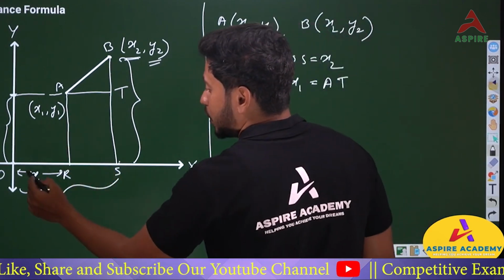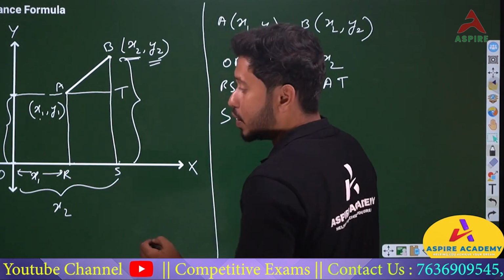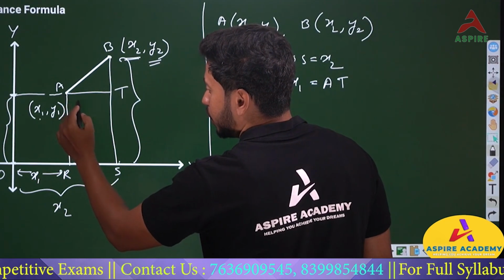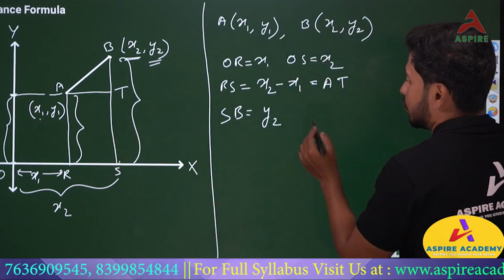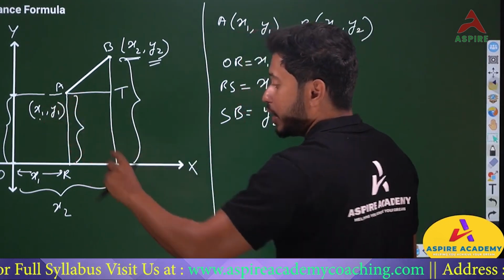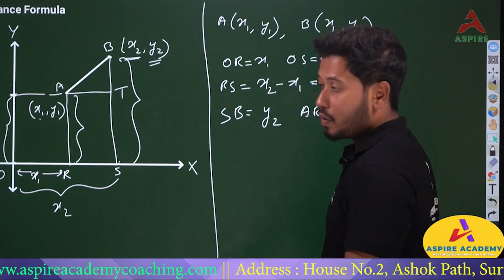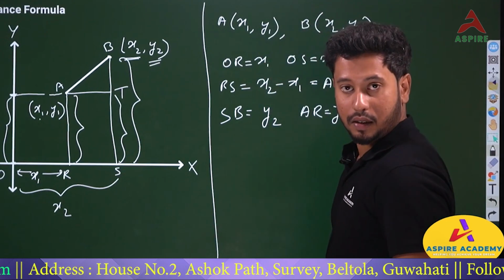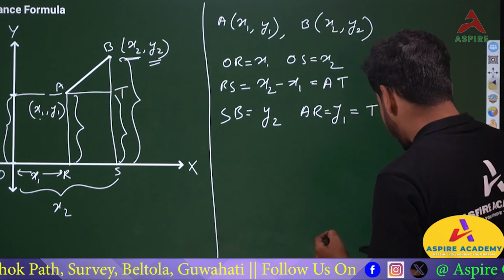OR equal to x1, that's why the x coordinate of A is x1, and the y coordinate is y1. So AR equal to y1, and the length of this AR is equal to the length of this TS. This much AR is equal to this much TS, so TS is also equal to y1.